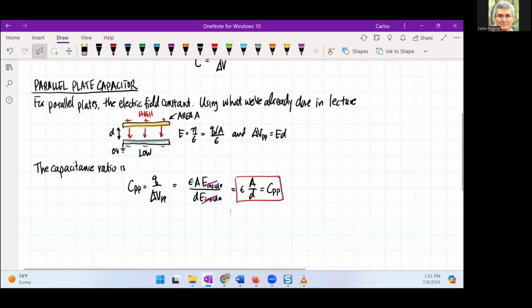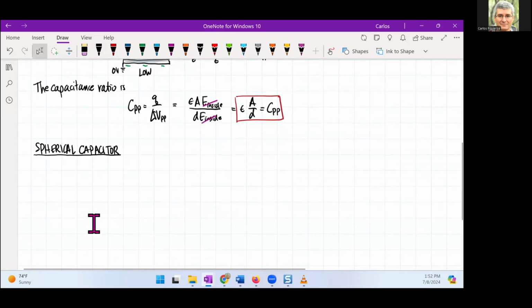Now I want to show you another capacitor and apply the same technique. This is a spherical capacitor, and the only use of a spherical capacitor is that it's conceptual in nature. I am not aware of any application other than an isolated sphere, but it doesn't have two plates.